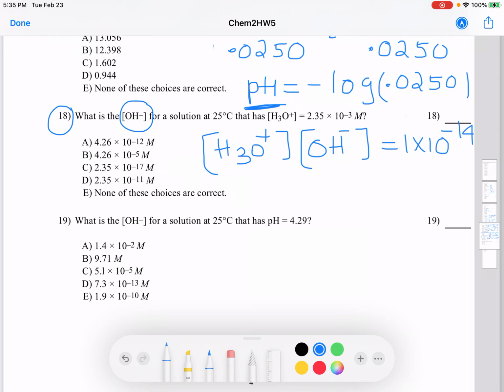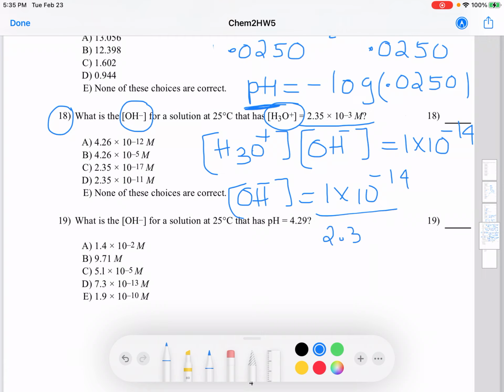We want to find out the hydroxide. Hydronium ion concentration is given as this. So the OH minus concentration would be 1 times 10 to the negative 14 divided by 2.35 times 10 to the negative 3. That will give you the answer for this question.